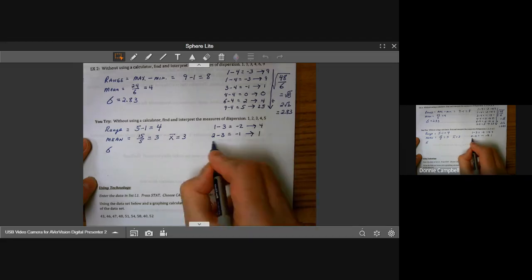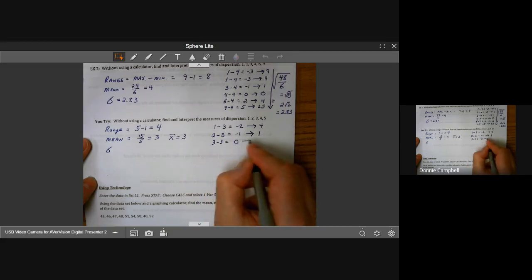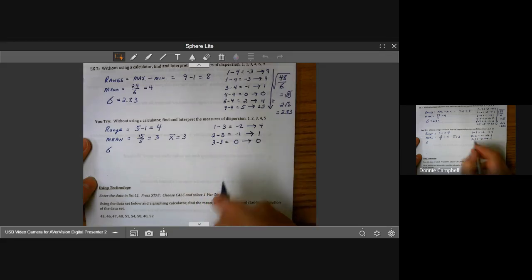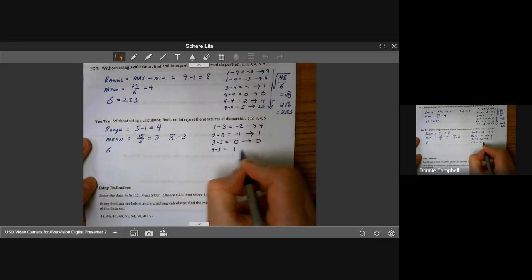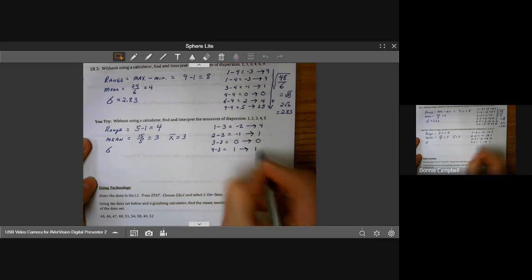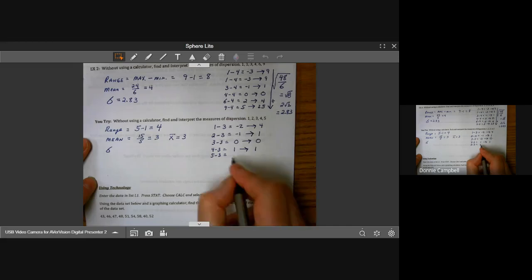Then I'm going to take 3 minus my mean, which is 3 minus 3, which gives me 0. And of course, 0 squared is 0. Then I'm going to take 4 minus my mean, which is 1, and 1 squared is 1. And then I'm going to take 5 minus my mean. 5 minus 3 is 2, and then 2 squared is 4.